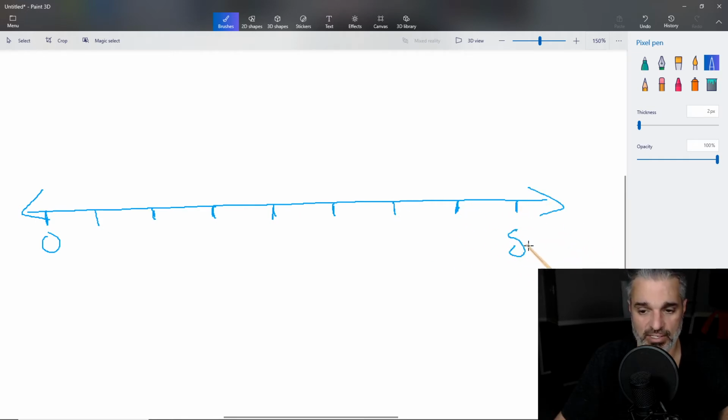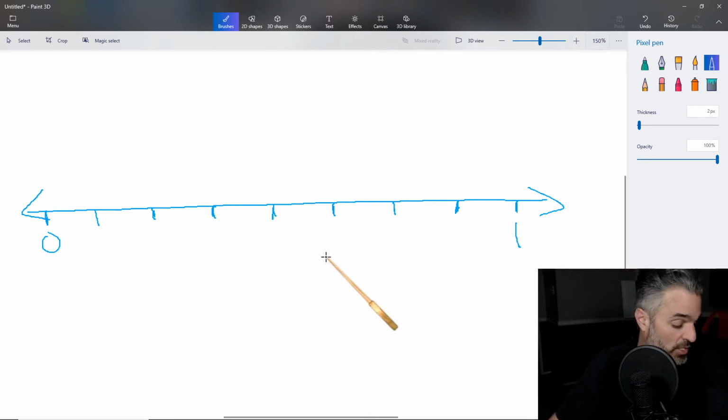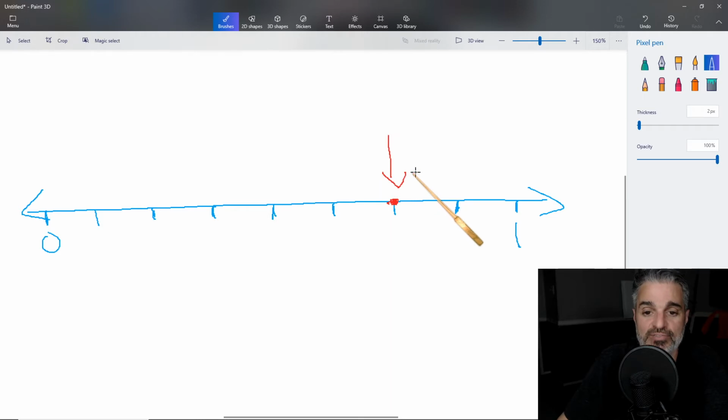Let's say this is, I'm sorry, not 8. Let's say this is 0. This is 1. This is 0 and this is 1. And let's say that you have a dot right here, and you're being asked what is this fraction?